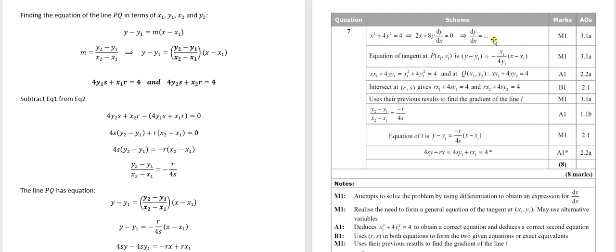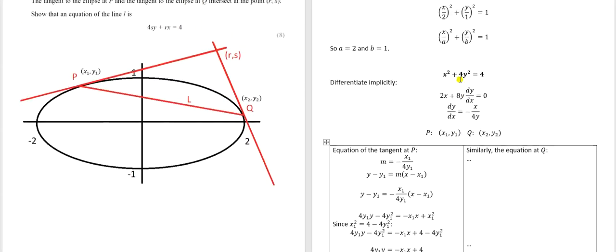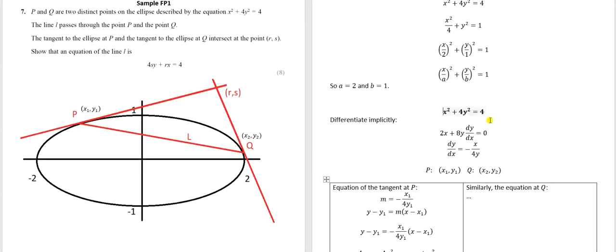They found the gradient. You get a mark for finding the gradient using implicit differentiation, which is good. And there's a second mark for finding the equation of a tangent at a particular point. There is a third mark for noticing that we can simplify that. So if you think about the kind of things you would do if you're trying this and struggling to complete it, you could at least find the gradient at a point, because that seems like an obvious thing to do if we're dealing with tangent lines.